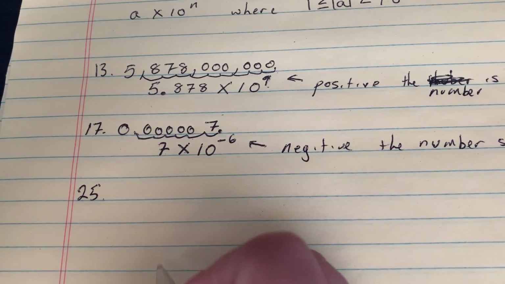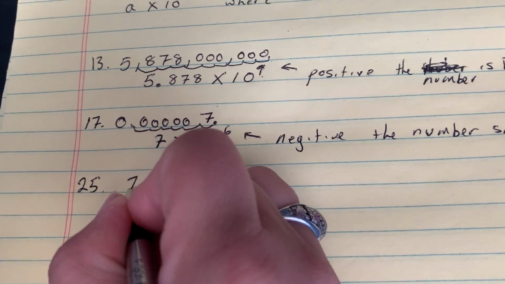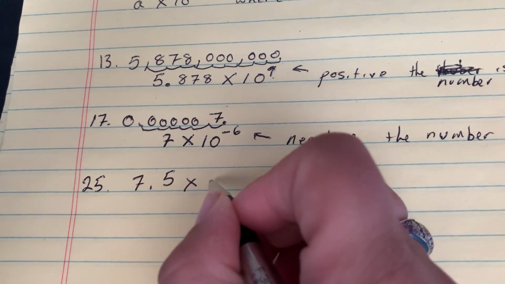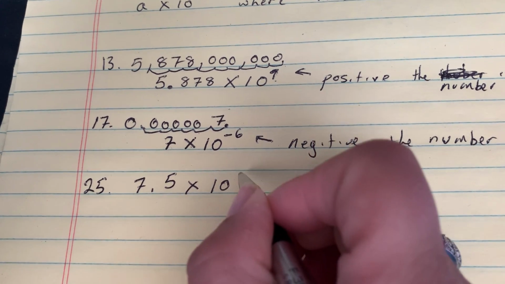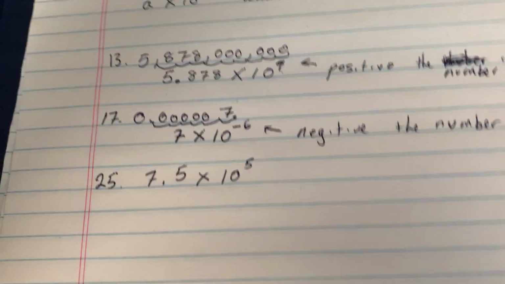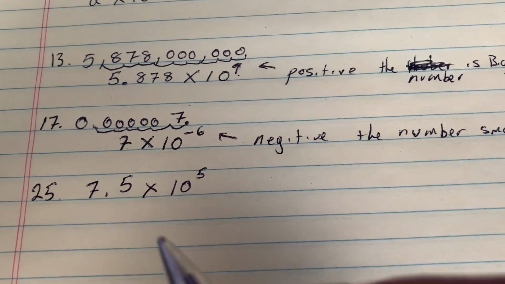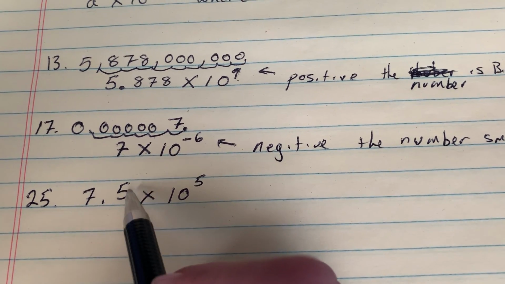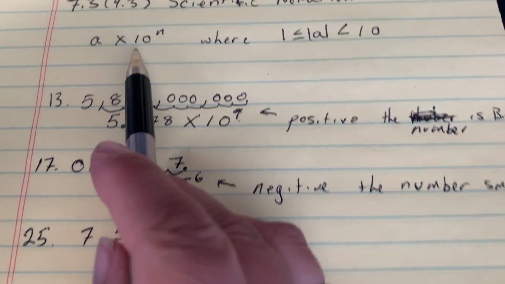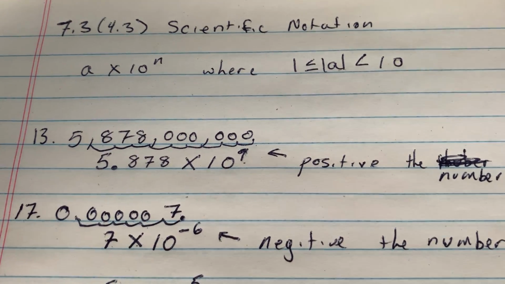So 25 in our book, we have 7.5 times x, just kidding, 7.5 times 10 to the 5th. So this is great. This is between 0 and 1, right? So it looks just like our formula up here.